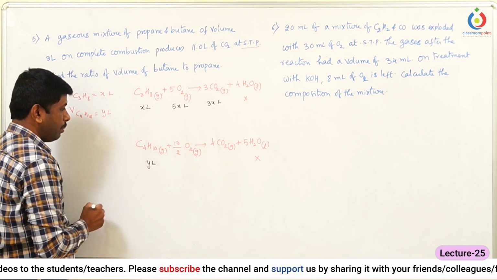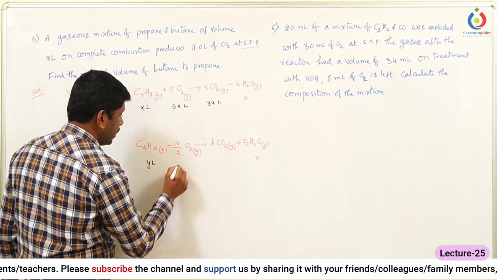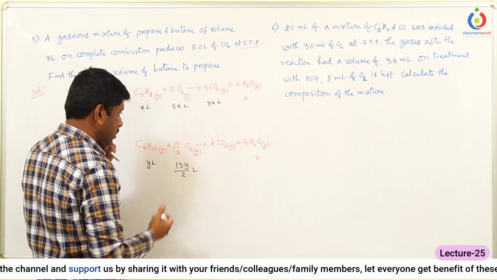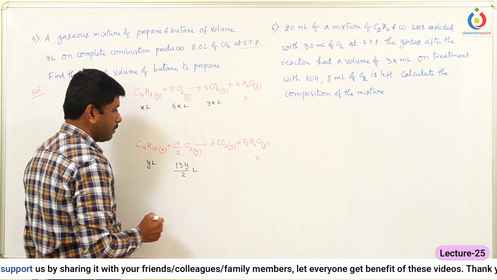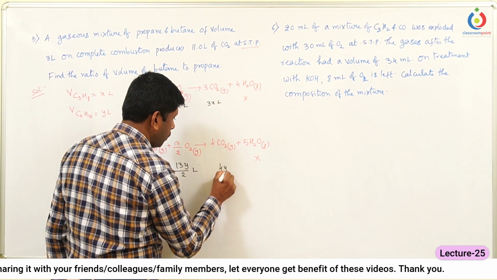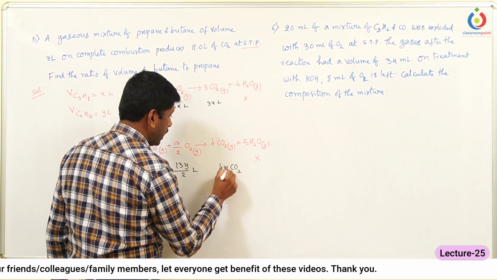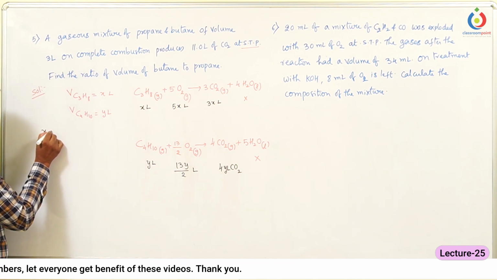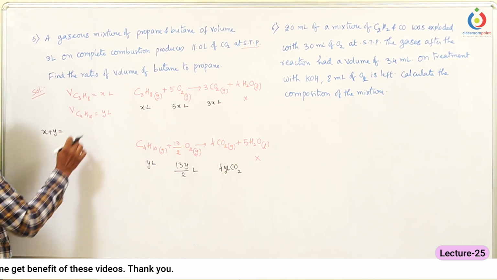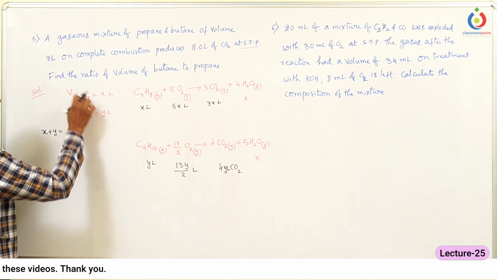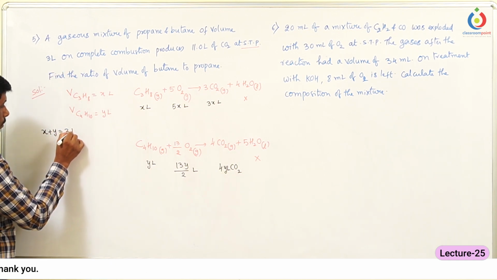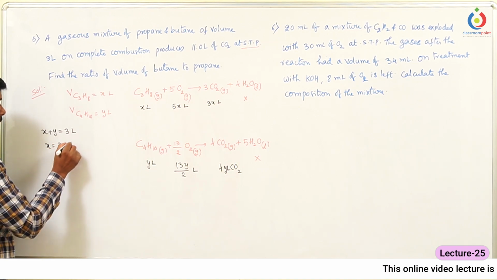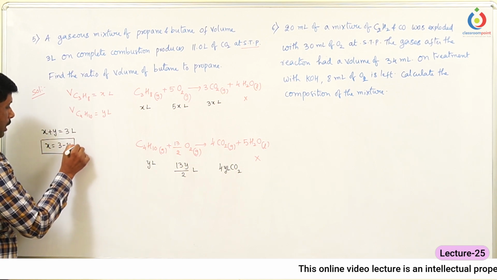So y liters of butane requires 13y by 2 liters of oxygen and will produce 4y liters of the carbon dioxide. Now we know that x plus y, propane and butane volume together, equals 3 liters. So x equals 3 minus y liters. Equation 1.